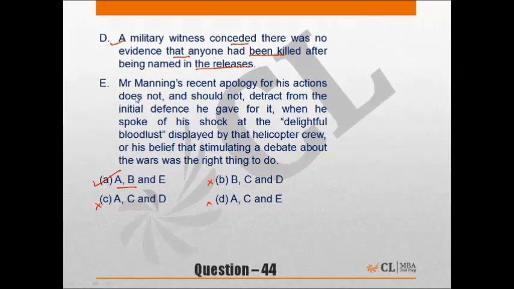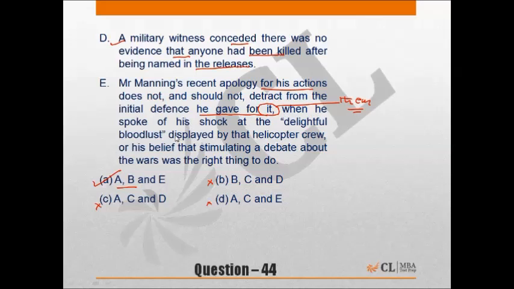Statement E: Mr. Manning's recent apology for his actions does not and should not detract from the initial defense he gave for it. Gave for what? Gave for his actions. So it should be "gave for them", not "it".